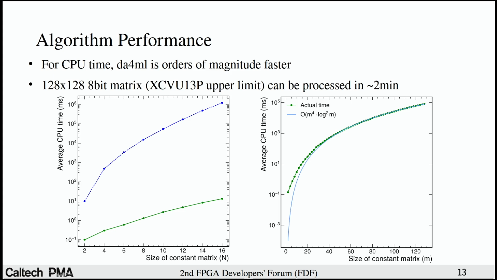In contrast, the algorithm we proposed finishes our 128 by 128 matrices of 8 bits within around 2 minutes, which is reasonable. This matrix is basically the maximum size you can reasonably fit into an XCVU13P within one super logic region. So we concluded that this algorithm scales to the extent that is reasonably required by this application.